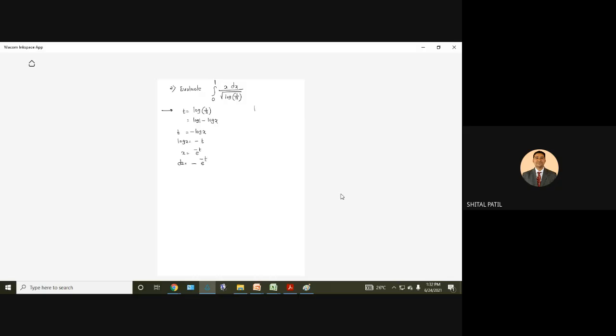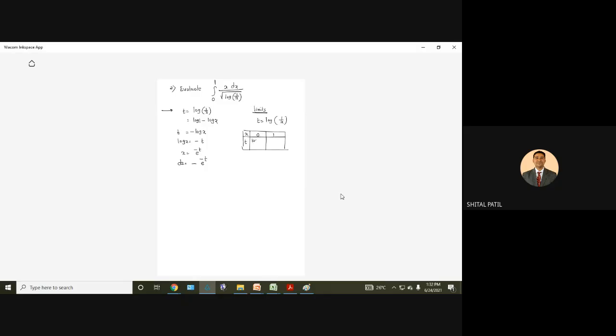Okay. Now we have to check the limits. Limits are also very important. So t equal to log of 1 upon x, and limits of x are known to us, 0 and 1. What about x equal to 0?